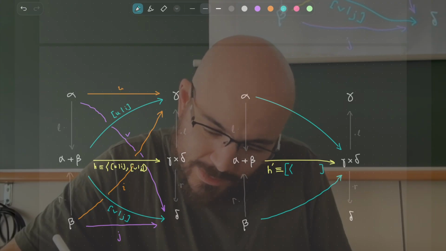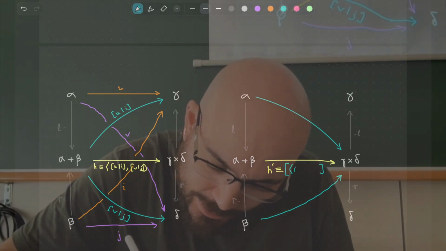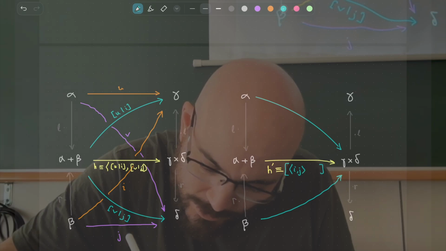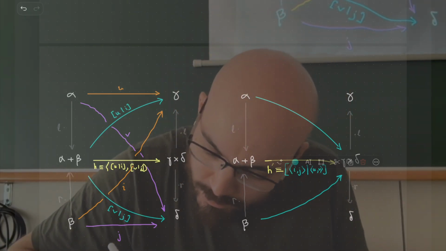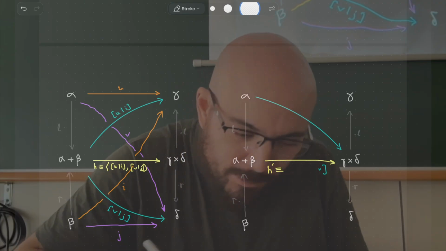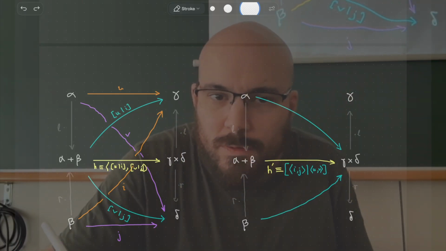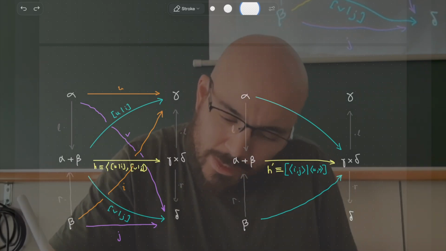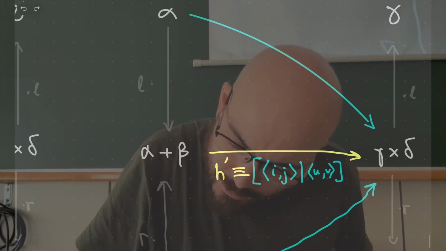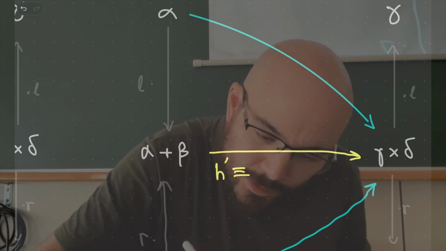I don't want to mix the letters. I think it's I J. Choose here U V. I might be wrong. U V I J. First from A and then from alpha and then from beta.